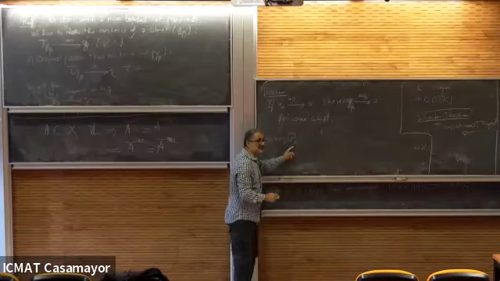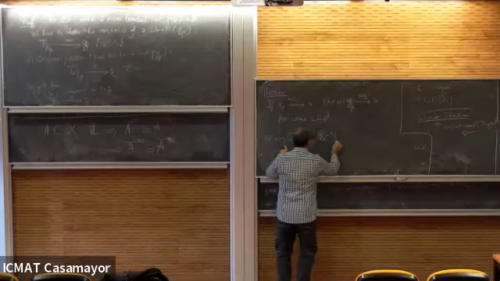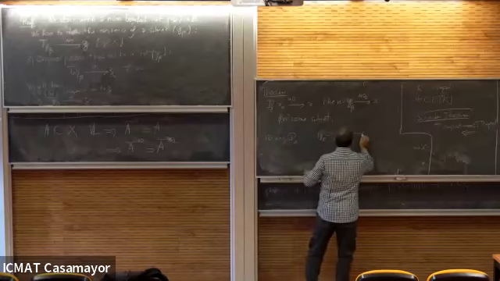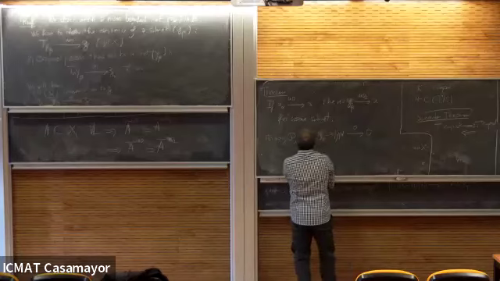The property Pu is the following: Z gamma minus X, and from u, converges to 0 in order.